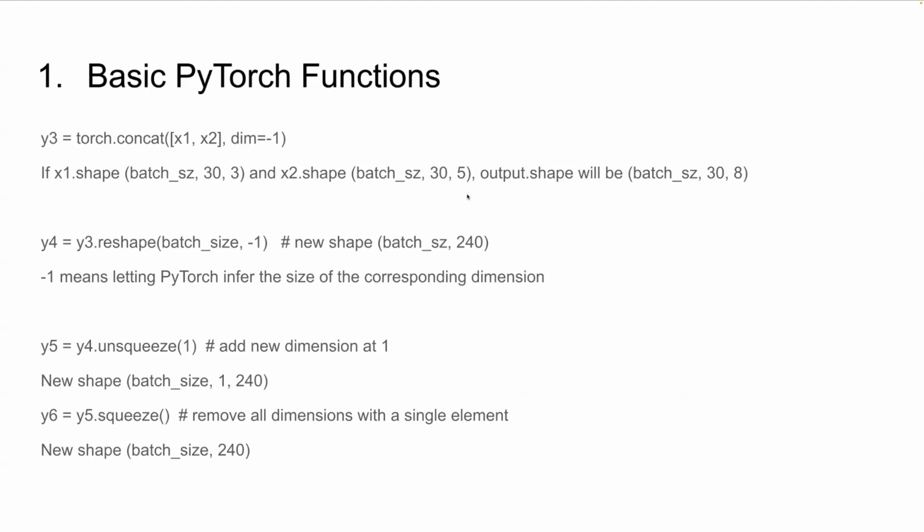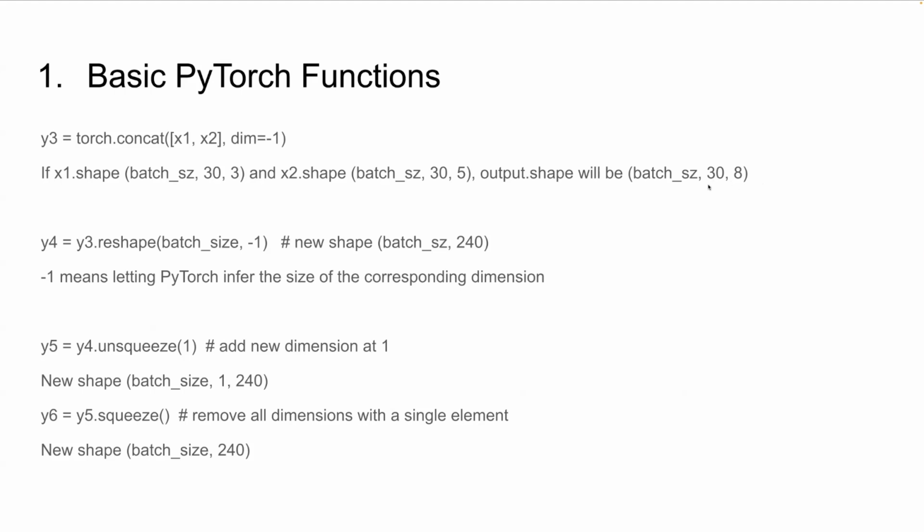And once we are done with processing numerical features as well as the categorical features, we can concatenate the two vectors together. So from the last slide, if the numerical features are batch size times 30 times 3, and the categorical features are batch size times 30 times 5, then after we concatenate them together, the output shape will be batch size times 30 times 8.